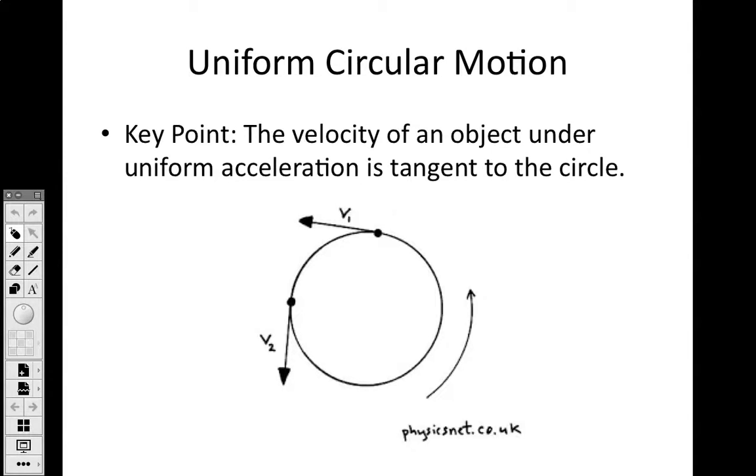What this means is if we were to let go of this object at this point, that object is actually going to continue along that straight line path. So if we're twirling this object around and around and we let go of it right here, the object will continue to go in a straight line in that path. In terms of athletes doing the hammer throw, they have to be careful of when they actually release their hammer so that it goes into fair play.